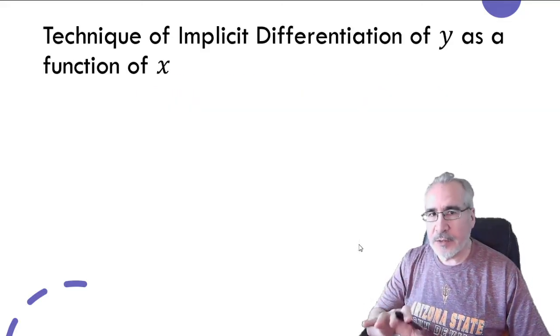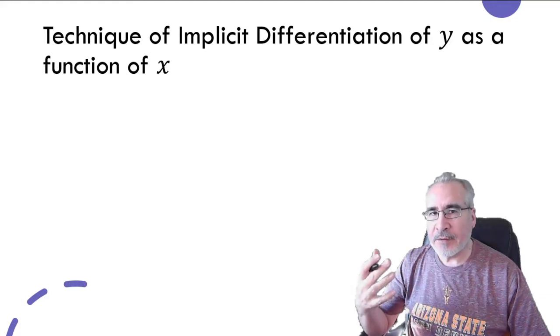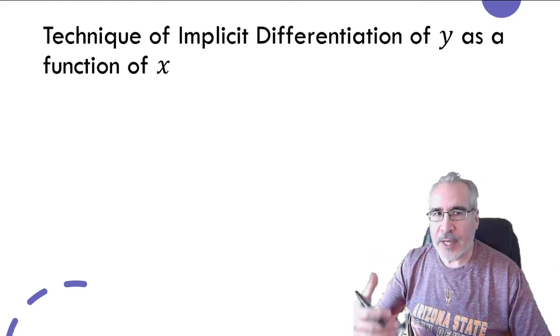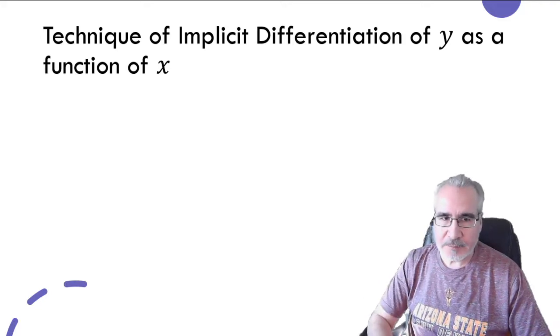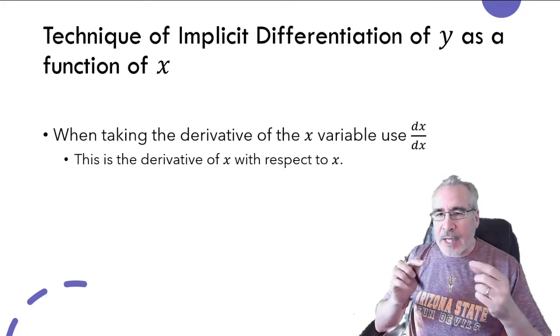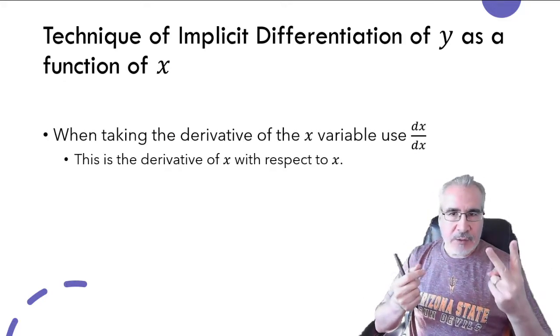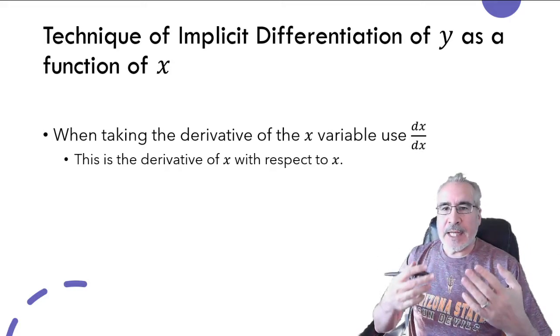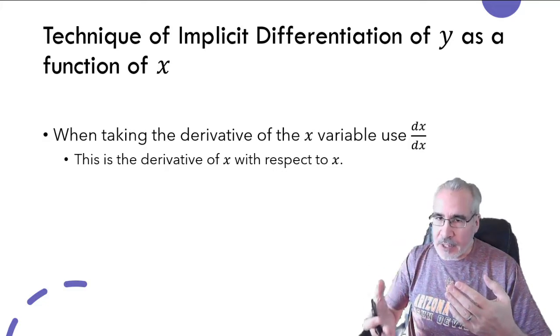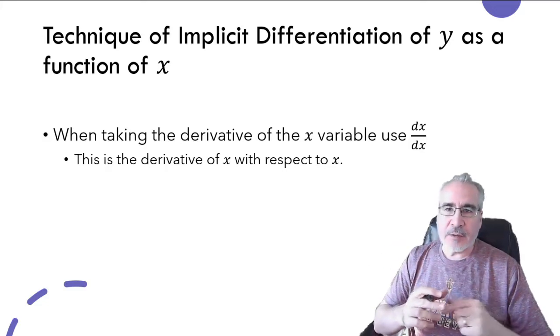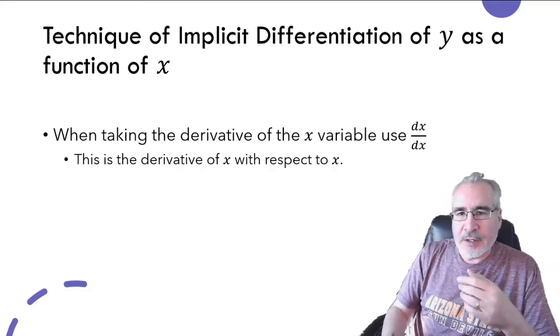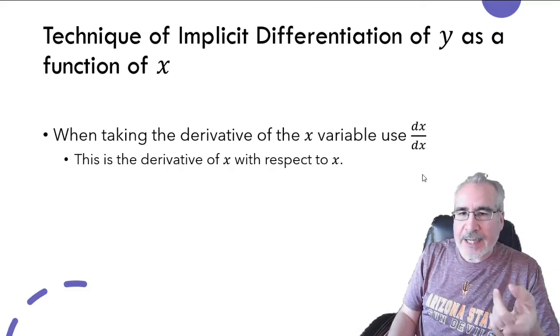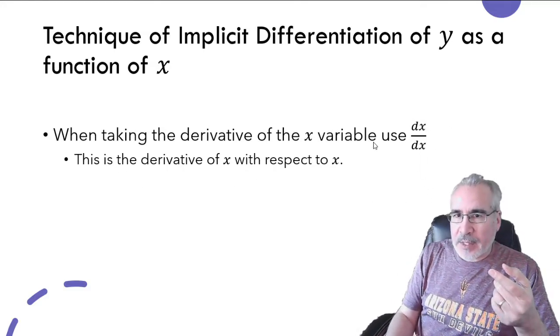Okay, so this is a technique when we have an implicit function, y as a function of x. We're going to look at it as having two different variables, and we are going to take the derivative of each variable. When we take the derivative of x, we're going to look at that as being dx over dx, which, if you think of this as reducing, will just become 1.